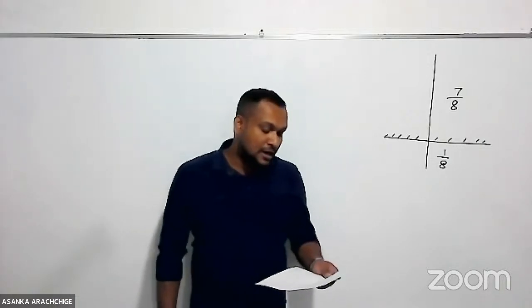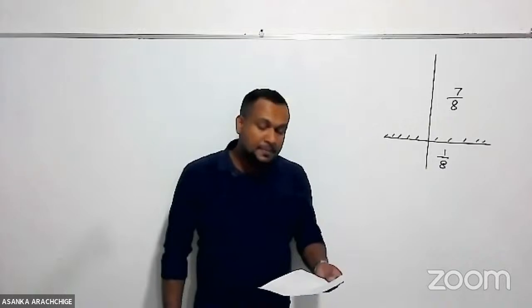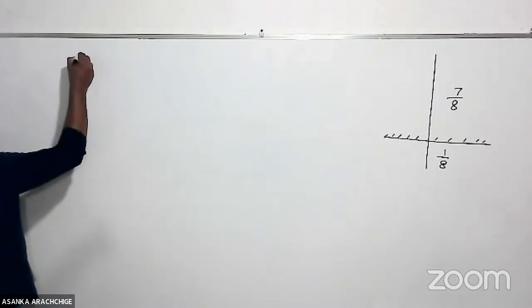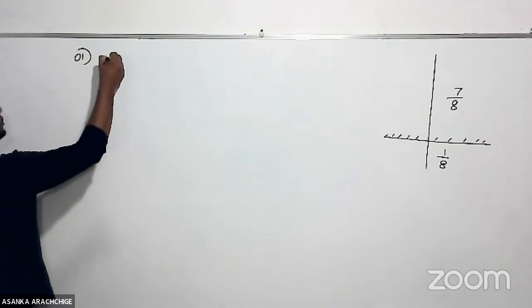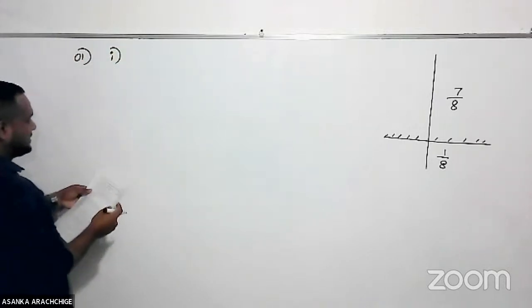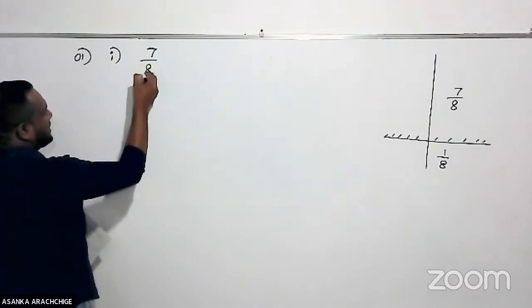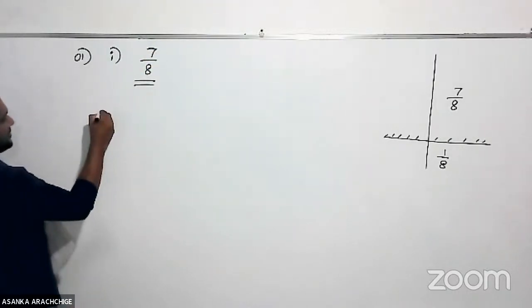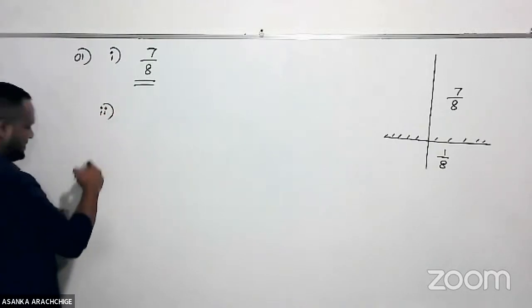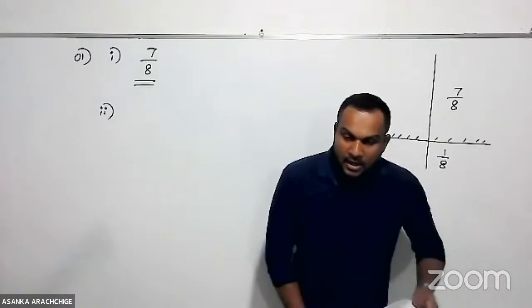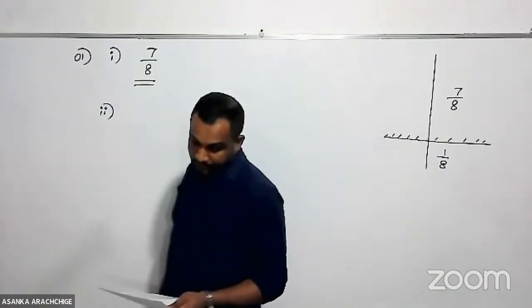Write down the part of the beetle tree above the ground. That is really simple. Question number 1, Roman number 1. The answer is 7/8.